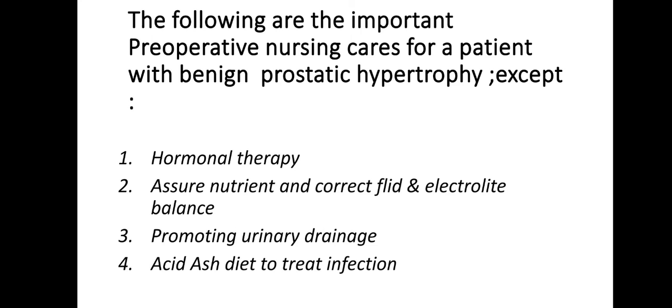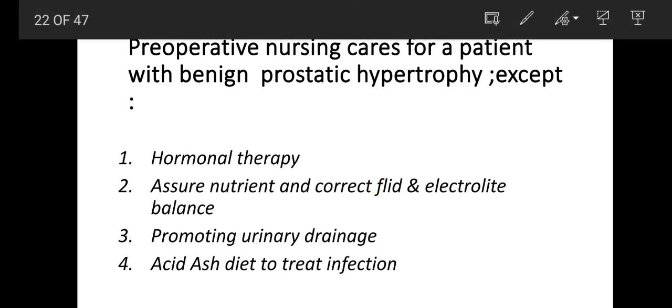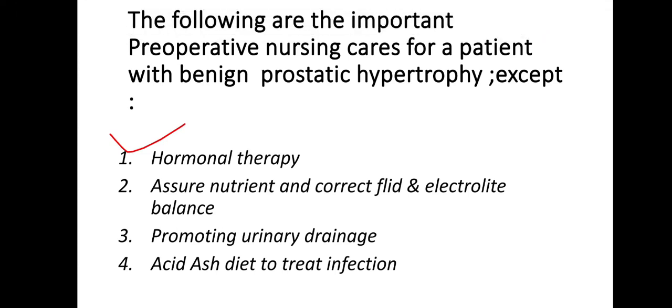And the last option, acid diet to treat infection. Here it is an exception question, a negative question. The answer is the first option, hormonal therapy. It will not come under preoperative nursing care.